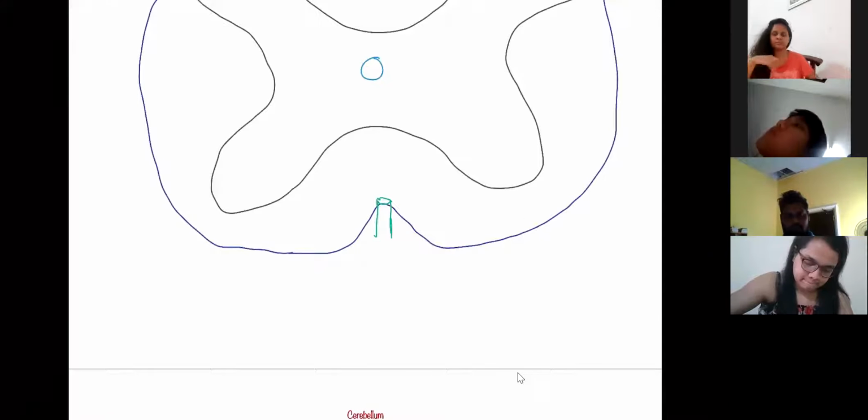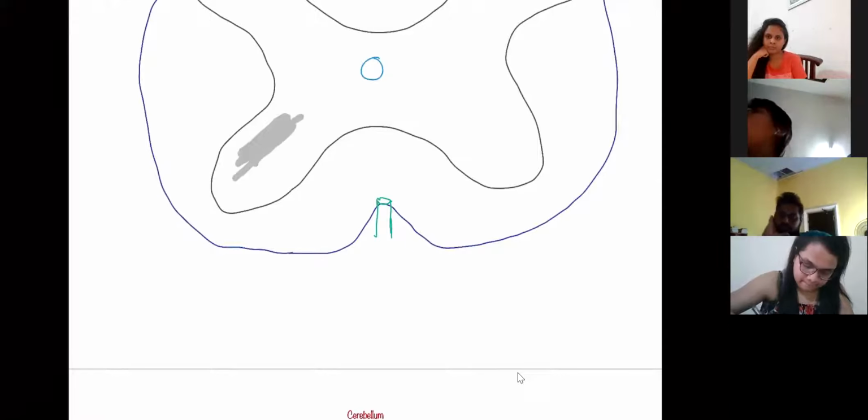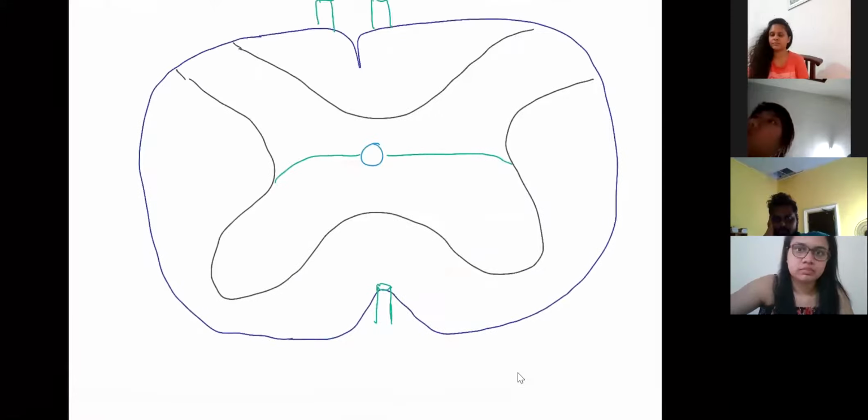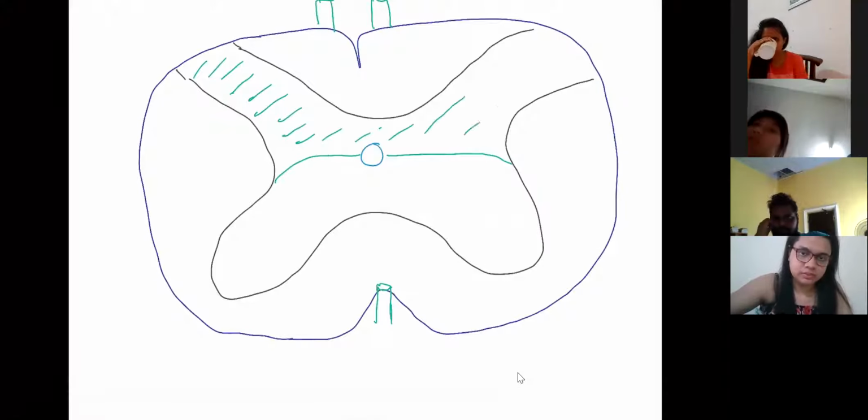Okay. And this is the gray matter region. And I told you guys, during developmental stages, during development, this region develops from something called the alar plate.